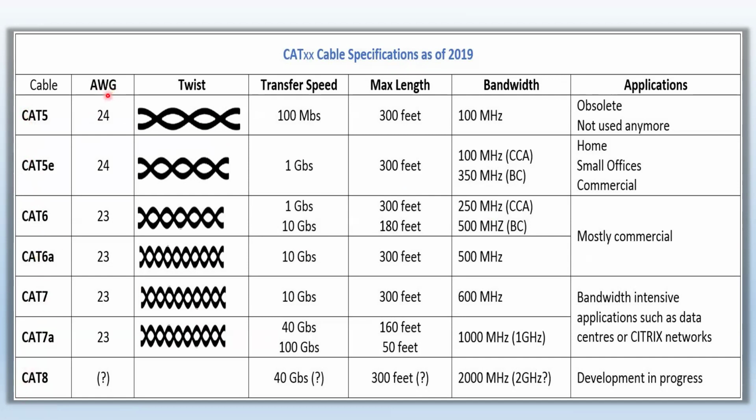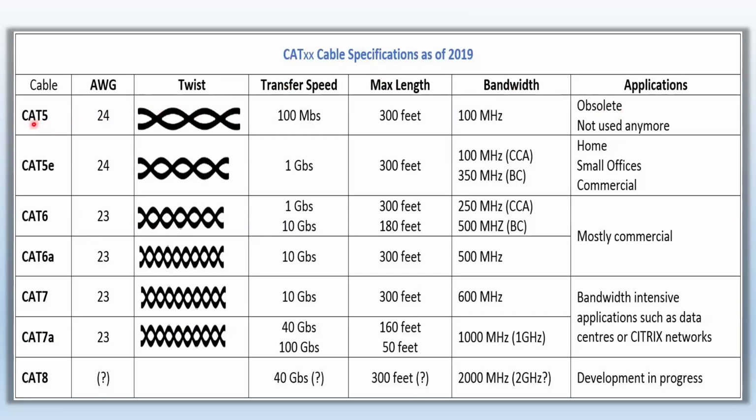Over here is the gauge of the wire, American wire gauge, which is the thickness of the wire. There's a wire that has a certain thickness of gauge 24. Now, with Cat6, the wire gets thicker because the gauge numbers get smaller. Here's the twist, transfer speed, maximum length, bandwidth, and applications.